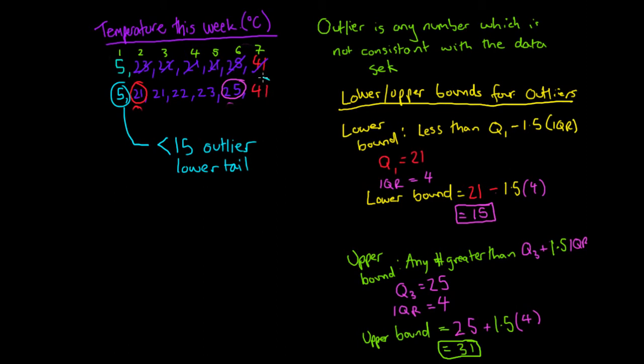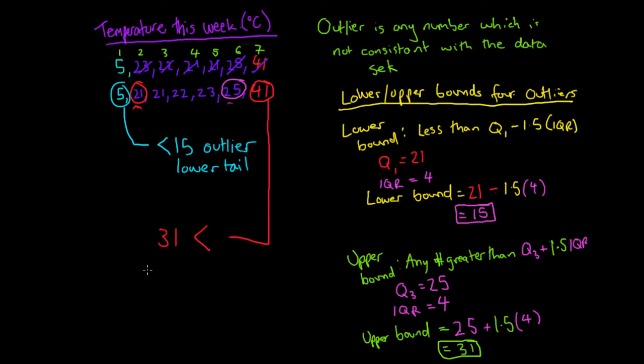Then we can say this 41 here is going to be greater than 31. We've got no other numbers greater than 31 except for 41. So this 41 is going to be greater than 31, and this little symbol just means greater than.